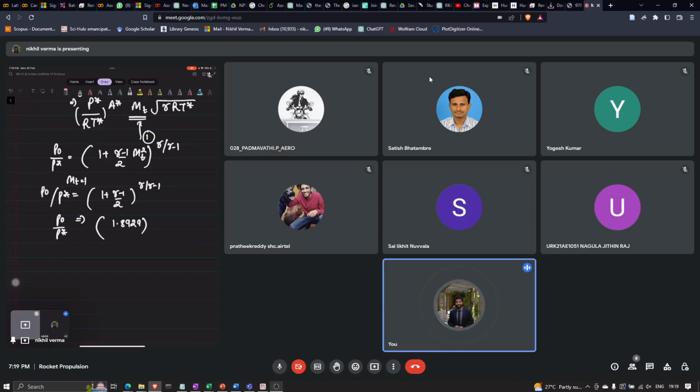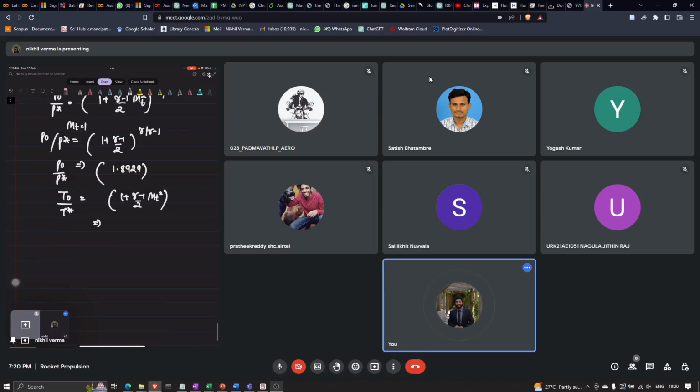Then similarly we can calculate what is T naught by T star, which will be 1 plus gamma minus 1 by 2 M square. If you calculate, you will get 1.2 for gamma 1.4.